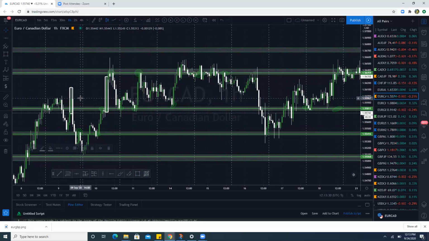But it took a strong candle to fake it out. But the candle that went back into the zone was another strong candle. So that just makes this zone even that much better. Even though there was a fake out that happened there, it still took a strong candle to break it.